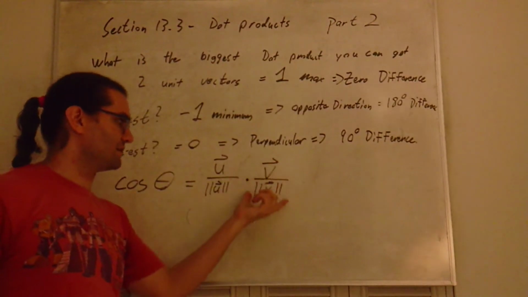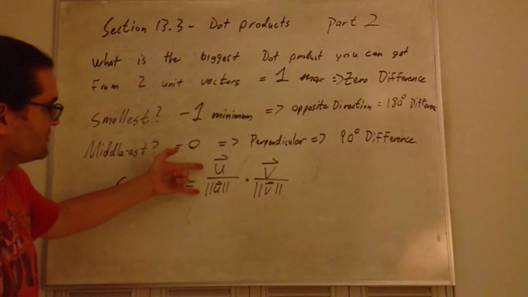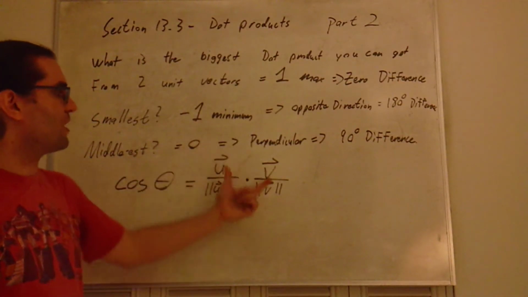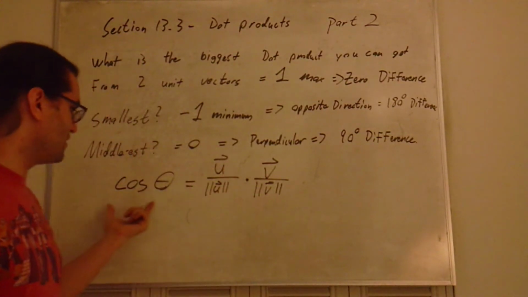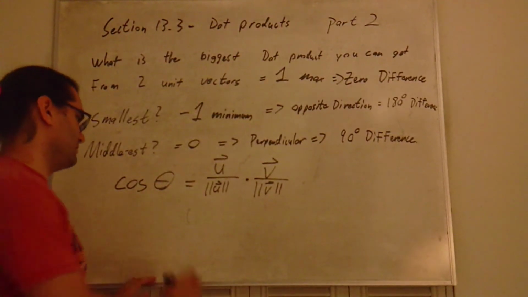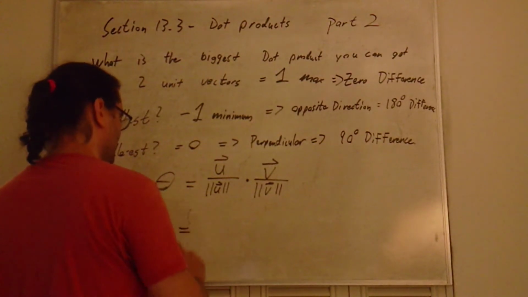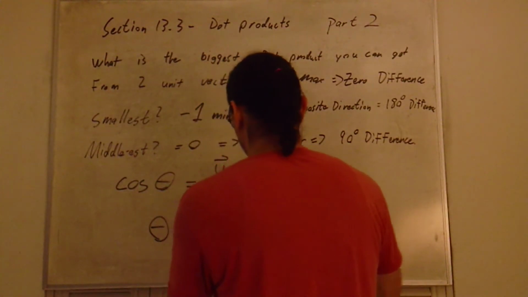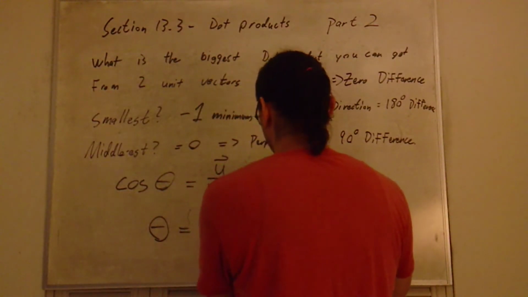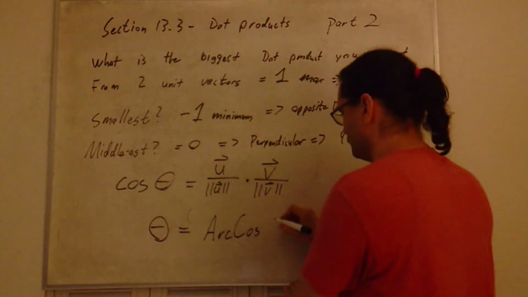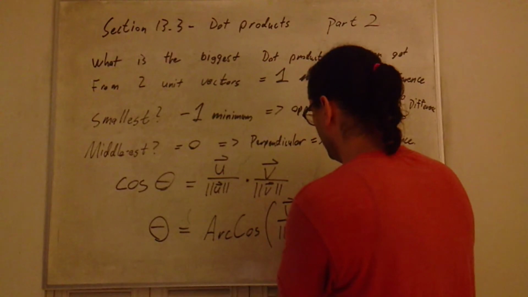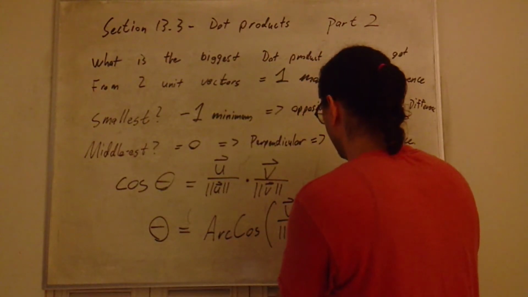So each of these is a unit vector, and the dot product of those unit vectors is the cosine of the angle between them. Another way this commonly gets written is that theta equals the arc cosine of unit u dot unit v.